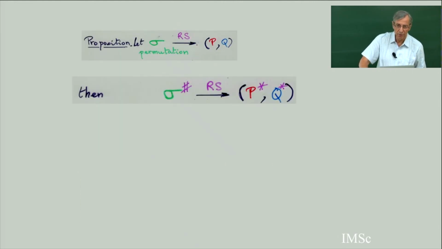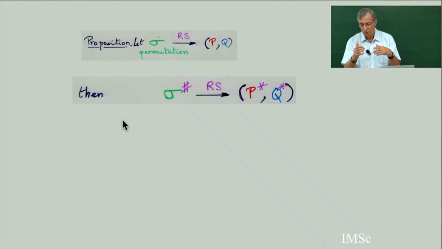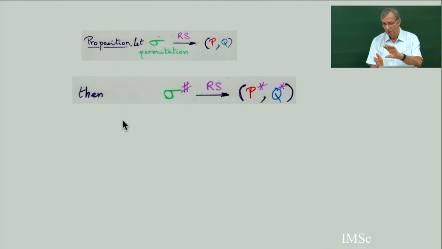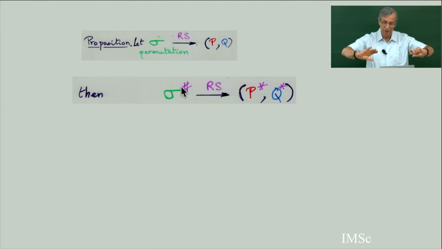So now, from Greene's theorem, you can prove the following: if you have a permutation, you get a pair PQ. What happens if you apply all the symmetries of the square? We have seen that if we take the inverse, so symmetry along the diagonal, then this means exchanging P and Q. But if you take the sharp symbol, so if you take the mirror image of your permutation and take the complement, which we defined in the previous lecture, you replace 1 by n, 2 by n minus 1, 3 by n minus 2, etc. So take the complement and take the mirror image.